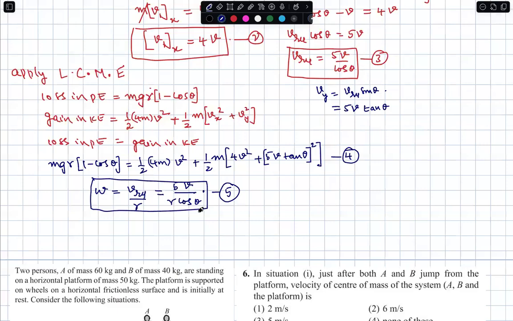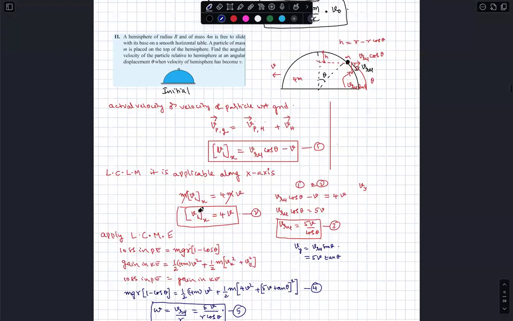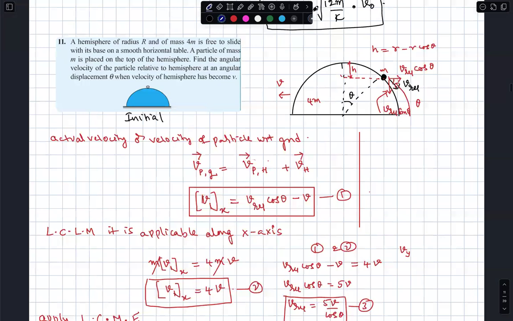Now the major problem, again, I'm just repeating the entire question, just please follow. This is the initial system for you. The entire thing is at rest initially. At some point of time, when this one has velocity v, it will be moving with respect to the hemisphere with v relative. At that time, it makes an angle theta.